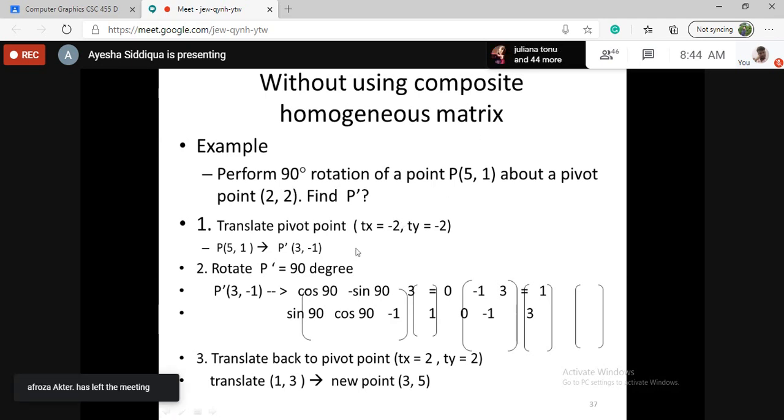After that, you have to perform the rotation, with the formula for rotation, which I have just written. After that, along with this rotation, we consider the initial value. What is our initial value? 5 and 1.